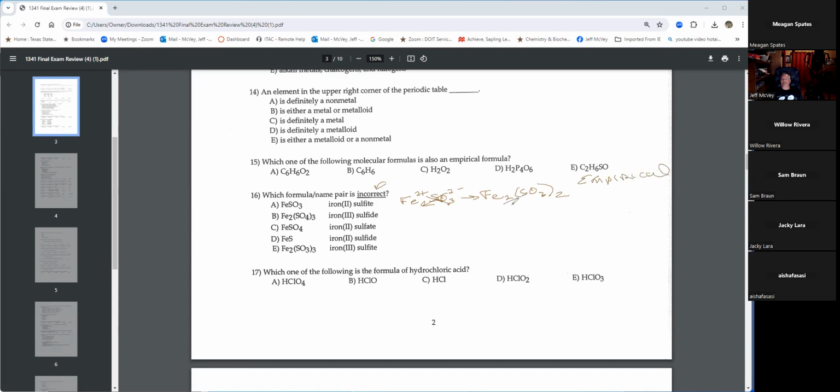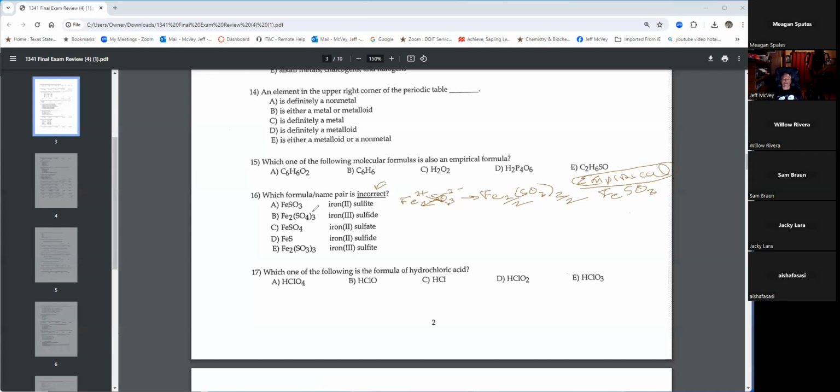So you have to get this to the simplest formula, which is going to be FeSO3. Okay? Just make sure all ionic compounds are written as empirical formulas. Okay, let's take a look. Well, this one's going to be pretty easy.